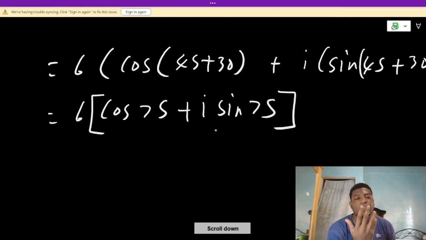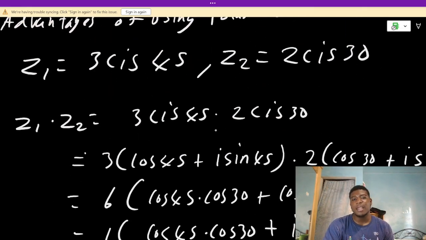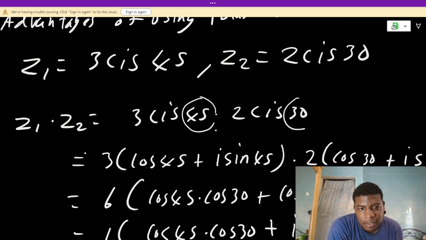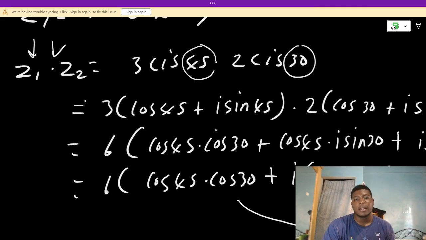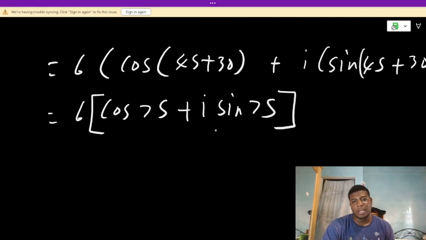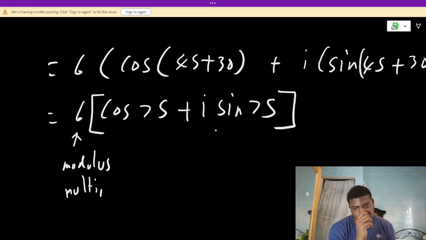So we saw a pattern there. So here's the backdrop. If you have angle 45 here and angle 30 here, for two complex numbers in polar form, then the answer of the product would just be their moduli multiplied as normal, and then just add the arguments.